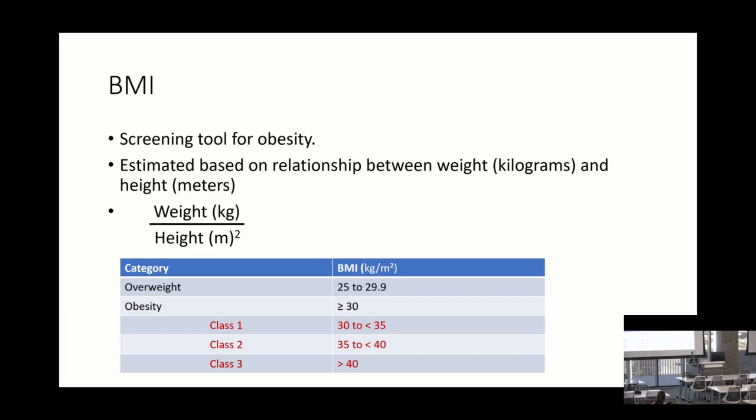There's overweight, which is BMI of 25 to 29, and then there's obesity, which is BMI over 30. I'll put that as a caveat to this BMI. Individuals from different, specifically Asian populations have a lower threshold for those numbers. So instead of 30, I think it's 25 or 28 or 27 as a cutoff for class 1, and so on and so forth, because of the difference in body build for that particular ethnic group.